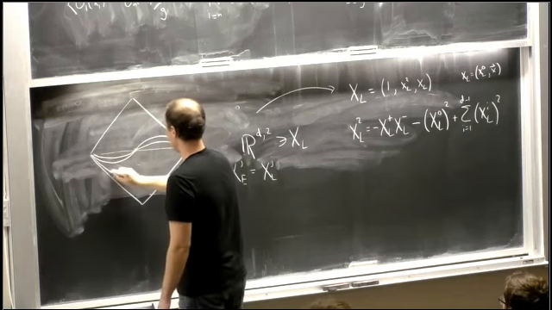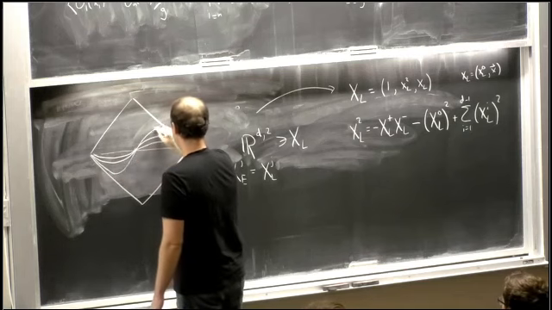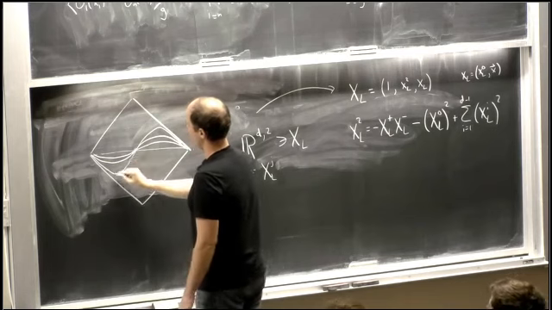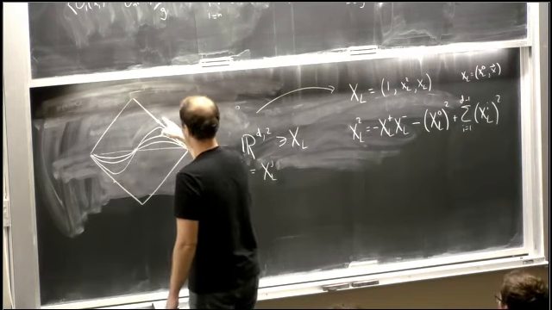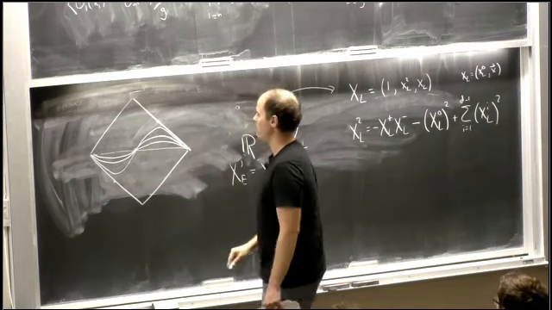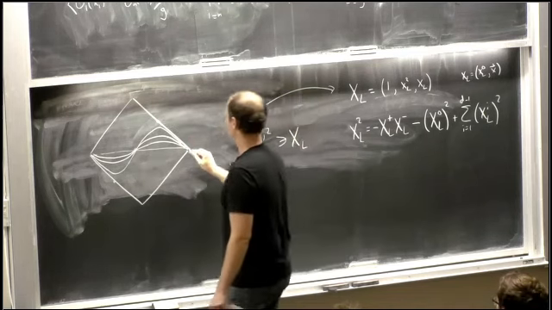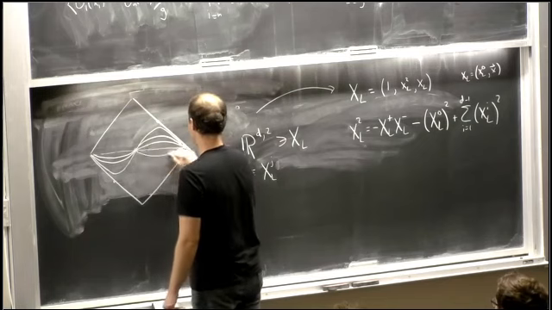And as we boost things a lot, they get boosted towards these points at future null infinity and past null infinity. And I could draw what happens if we do negative boosts.